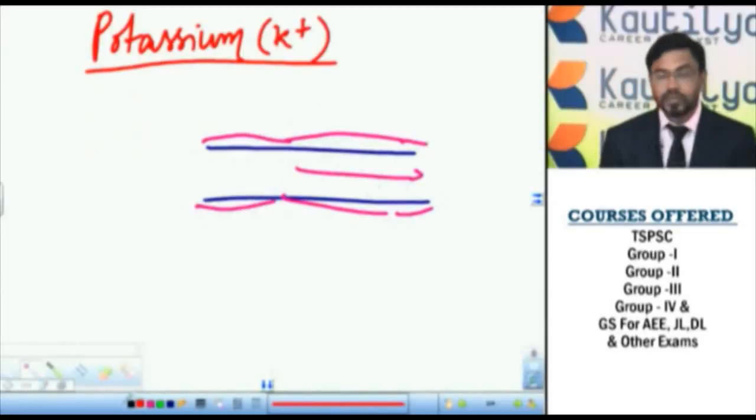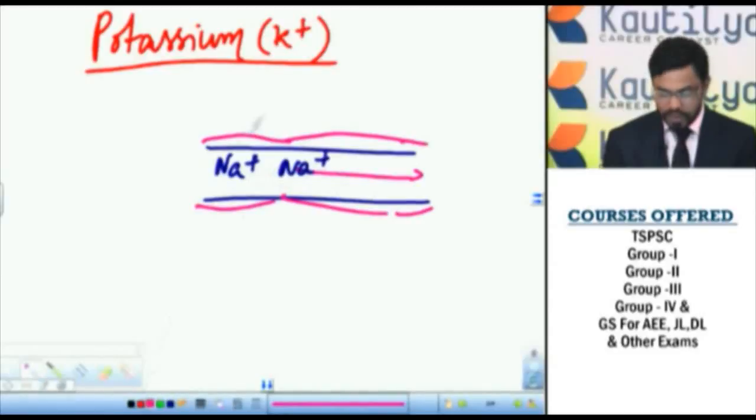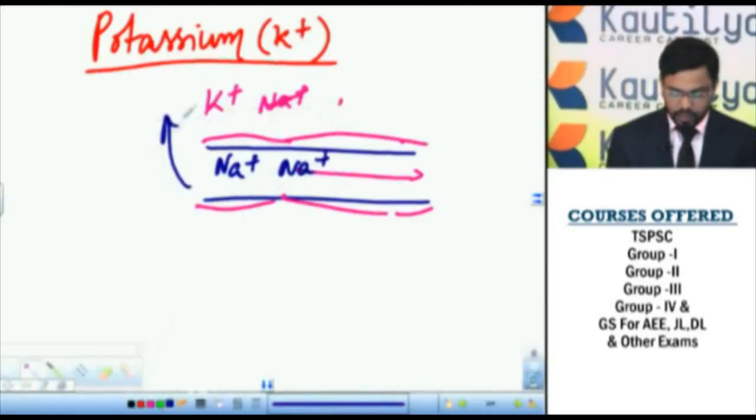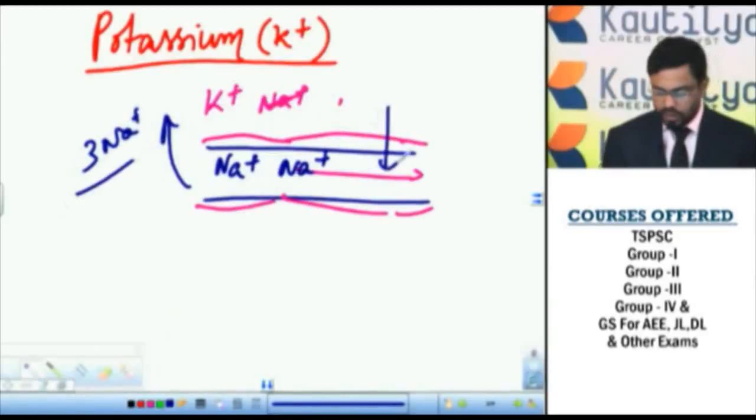Inside the nerve, sodium ions are more, and outside the nerve, potassium ions are more. For every exit of 3 sodium ions, there is an input of 2 potassium ions.